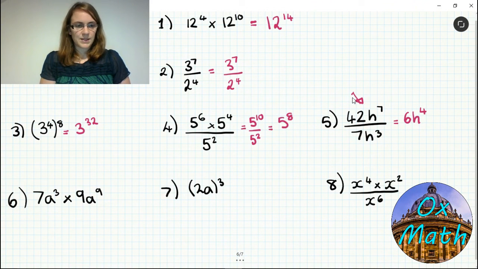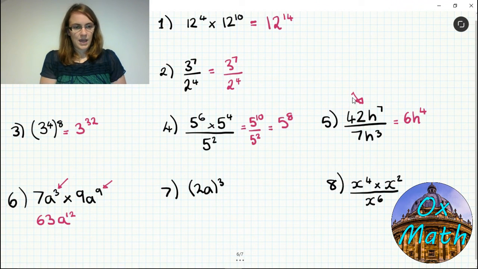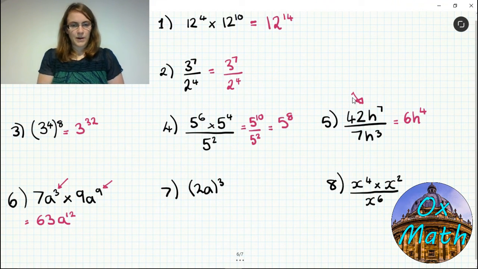So we've got 7 lots of 9, which is 63, because remember, we are only multiplying by 7 once and 9 once. But then we are actually multiplying all of that by a 12 times. So we have 3 times here and 9 more times here. So again, you can multiply the number parts and the power parts or algebraic parts separately, and the answer to that is 63a to the power 12.